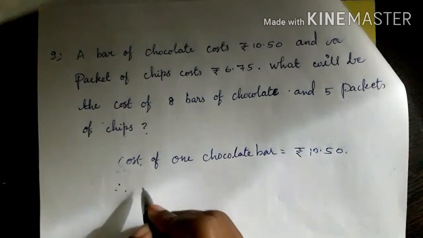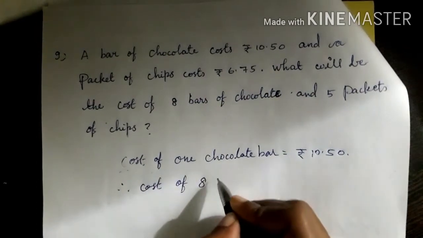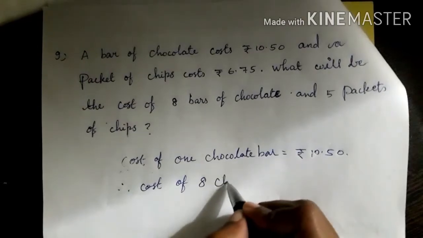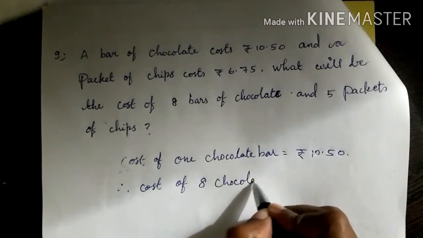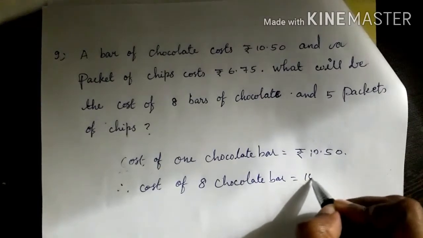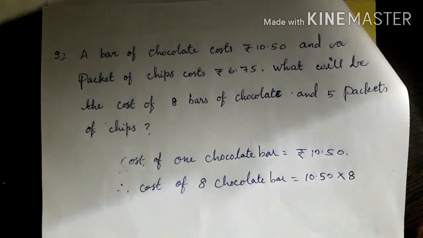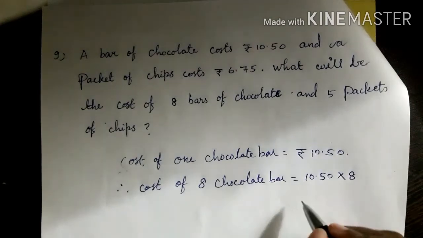So therefore, the cost of 8 chocolate bars is equal to 10 rupees 50 paise multiplied by 8. Okay, let's multiply.